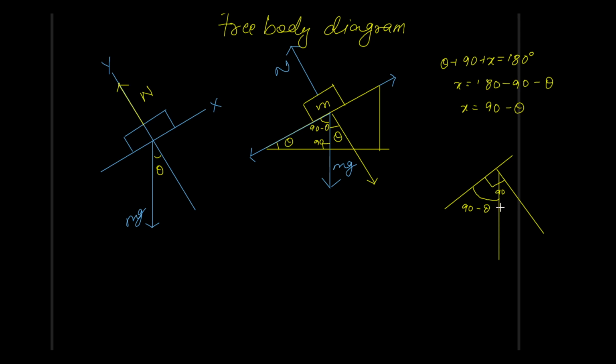Now if I add this angle and this x, I have to get this entire angle, 90. So 90 minus theta plus x is going to give me 90. If I find what x is, then x will be 90 minus 90 plus theta, so x will be theta, meaning the 90 and 90 get cancelled. So this x out here will be equal to theta. That is why we can write this angle out here to be theta.